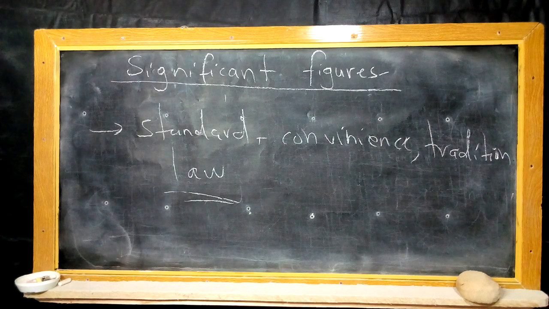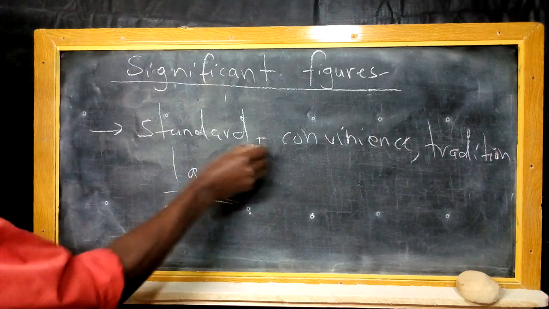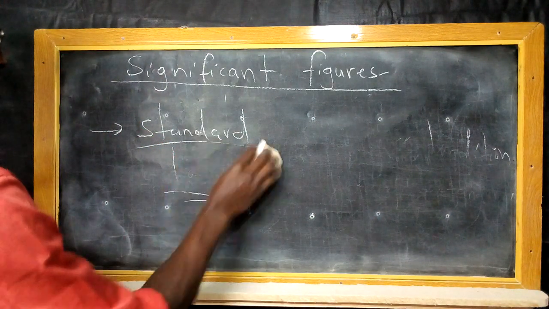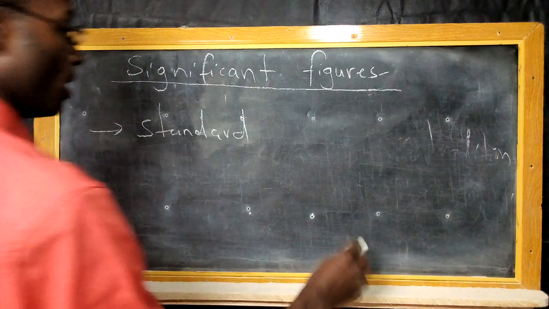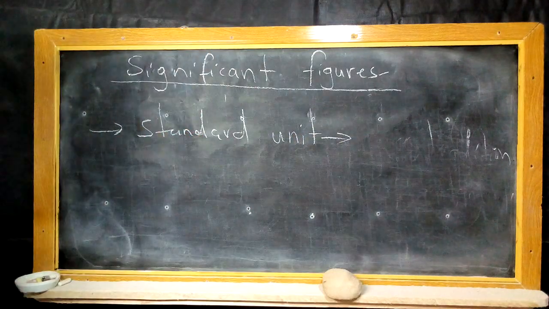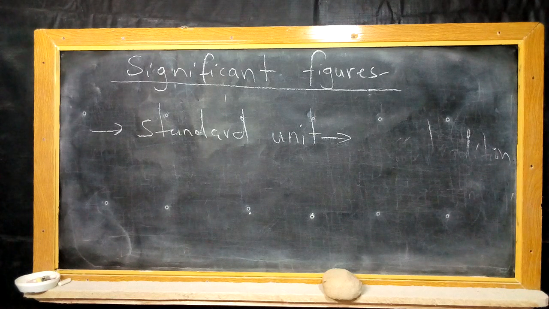We have talked about the term standard. And if we are asked, what is a standard unit? I hope we will be in a position to define that now that we have said it's a quantity that is used to measure or to compare with others.